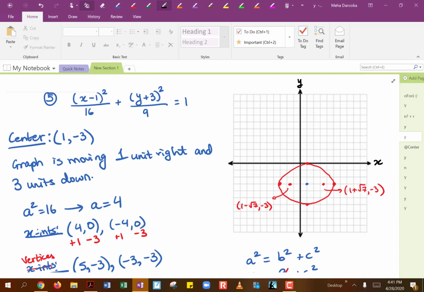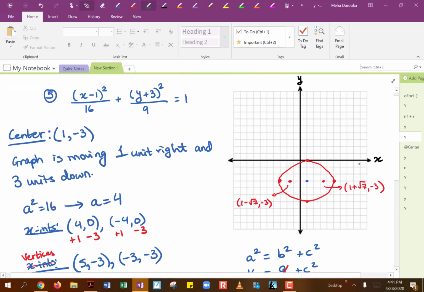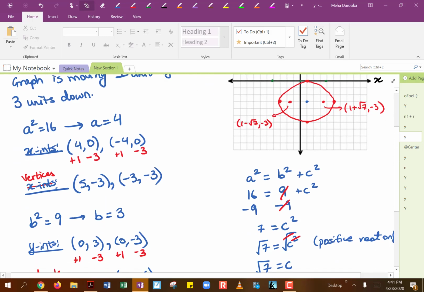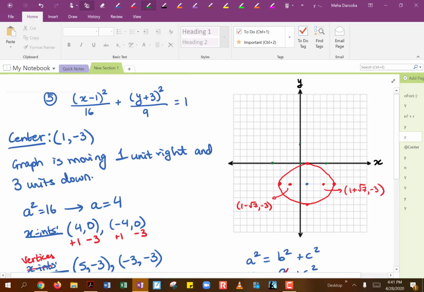So let me just show you, if you had graphed the original ellipse, which was centered at 0, 0, your x-intercepts were at positive 4 and negative 4, 0. The original y-intercepts were at 0, 3 and 0, negative 3.